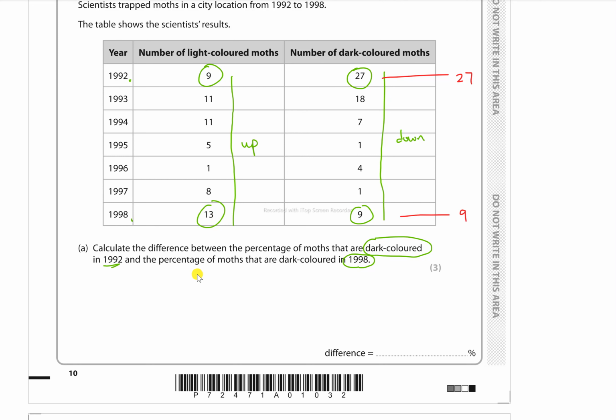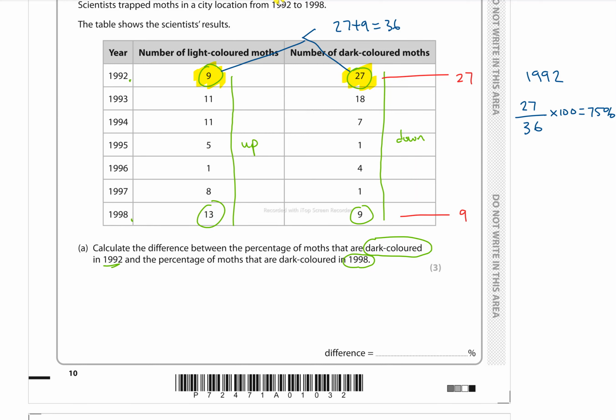So what we do is, in 1992, 27 out of, if I add these two, 27 plus 9 is 36. So 27 out of 36 moths, turn it into percentage, you get 75%.